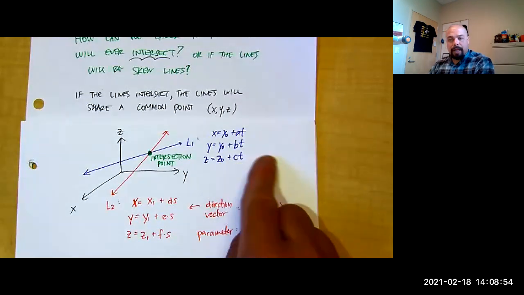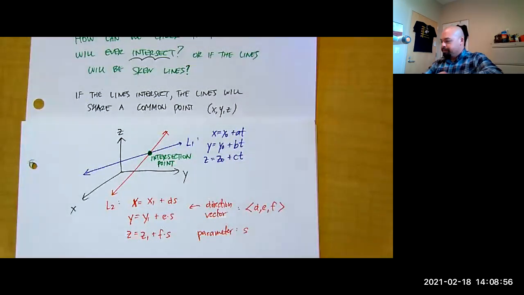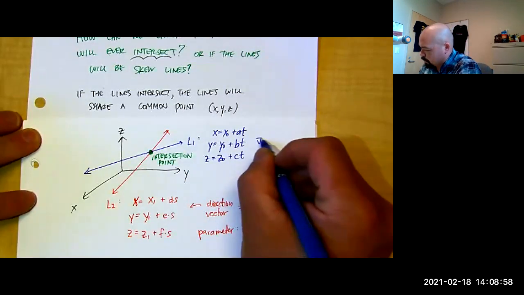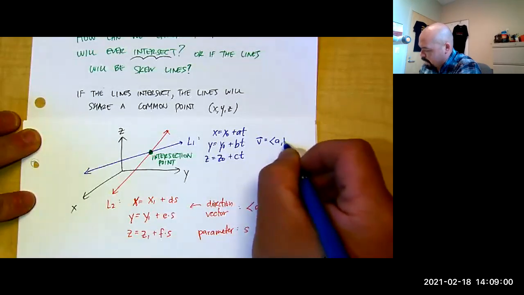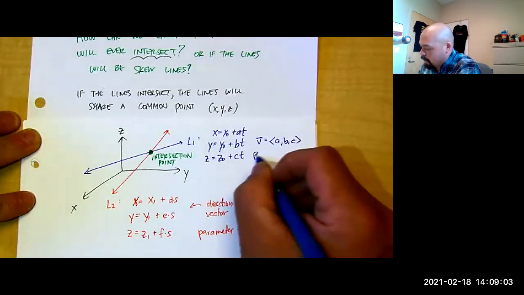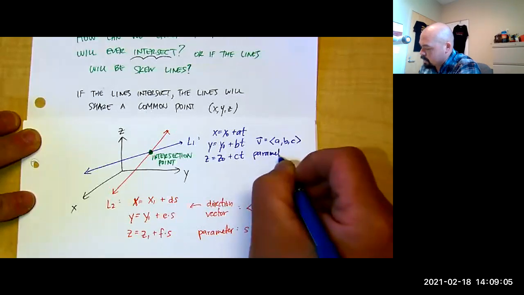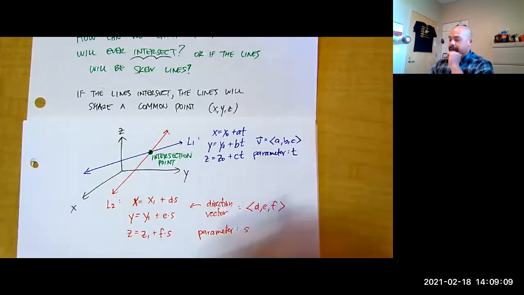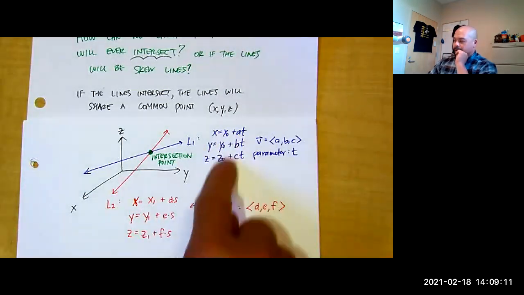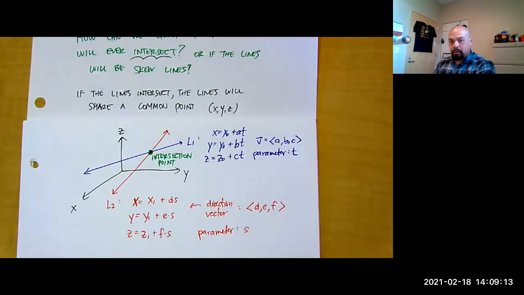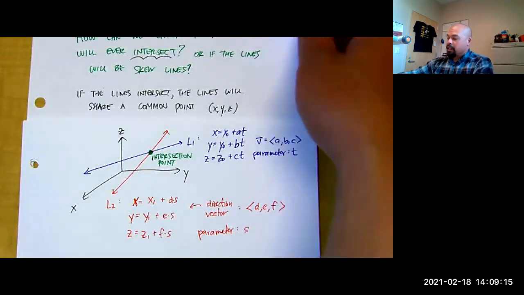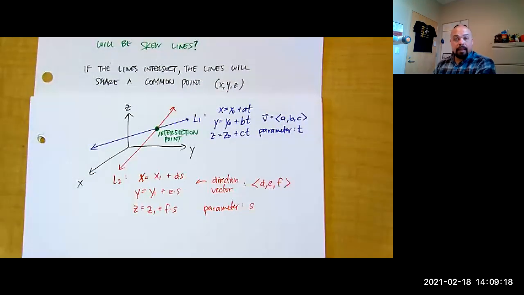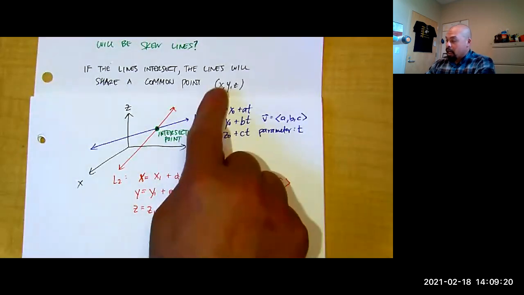Up here, what we had done before, hopefully those still are clear. Direction vector A, B, C, our parameter t, initial point, and so on. So if we want to see if these two lines are going to intersect, they're going to have a common point.